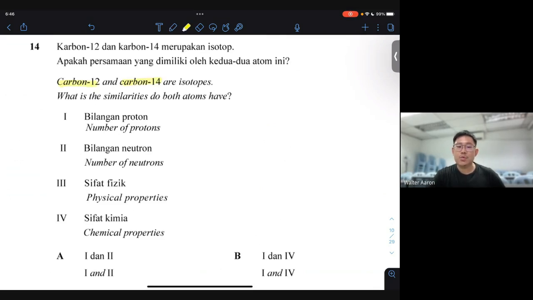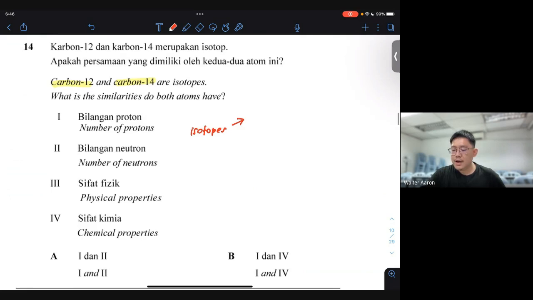It's just that the reason why one is 12 and one is 14 is because they have different numbers of neutrons. Isotopes generally have two things which are in common. They have the same number of protons, but they differ in terms of the number of neutrons.